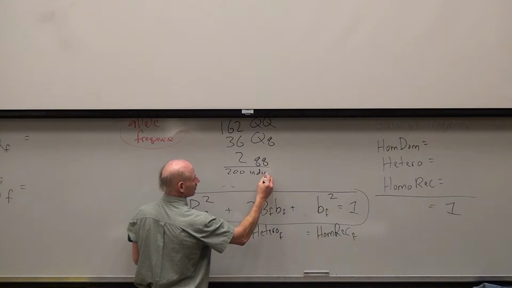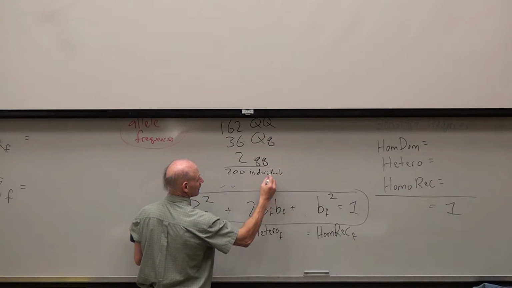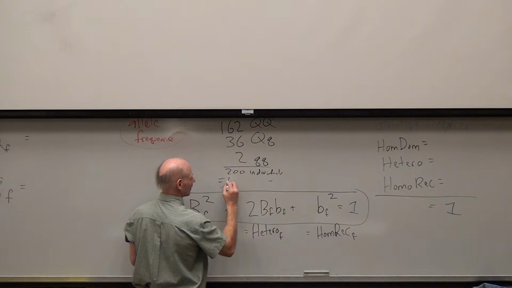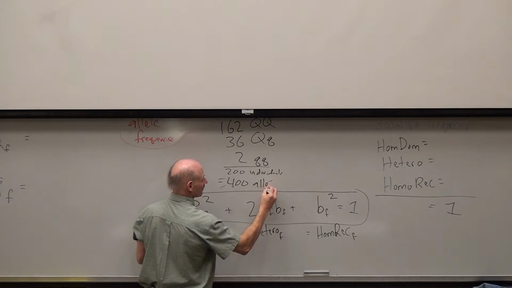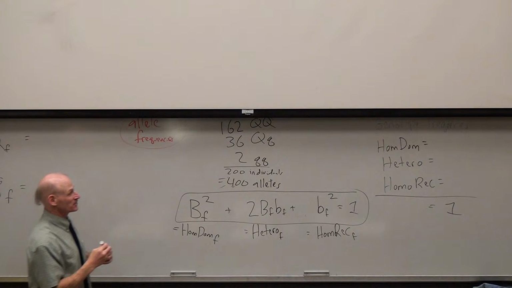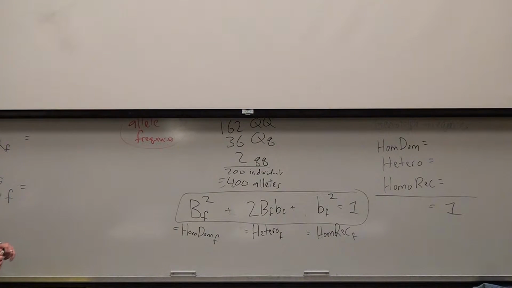How many alleles total are there? There's got to be 400 alleles present in this population because there's 200 individuals. Of those 400 alleles, what's the allele frequency of big Q?